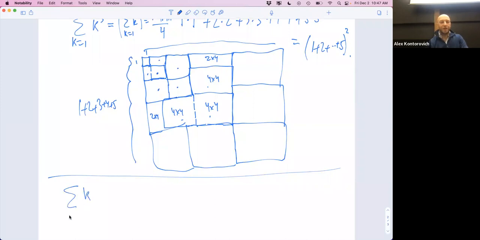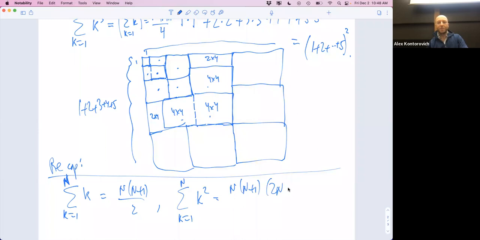So we've learned that the sum of k as k goes from 1 to n is n times n plus 1 over 2. I'm just recapping. The sum of the squares as k goes from 1 to n is n times n plus 1 times 2n plus 1 over 6.